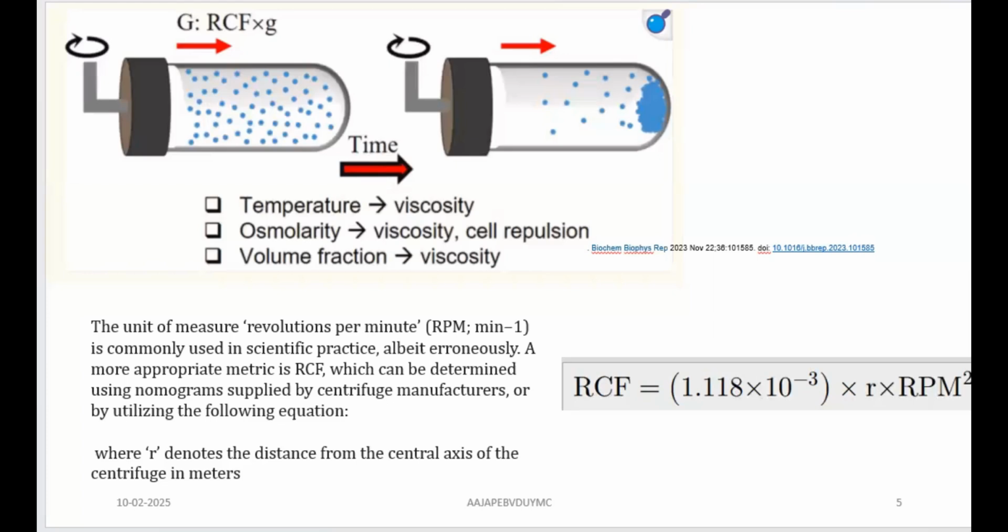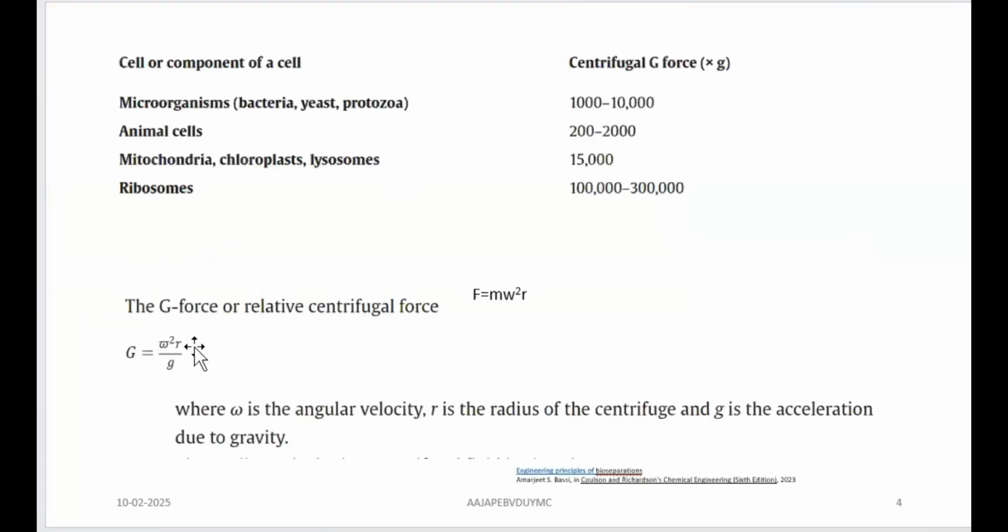So can you imagine, this particular formula, if I start writing it as G equal to omega square R upon 980, right? Now, in place of omega, if I talk about a particle which is spherical and is undergoing centrifugation, then omega is equal to pi into RPM upon 30.